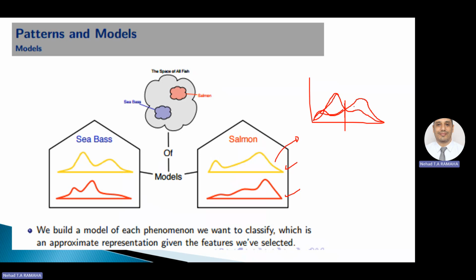And after this point, the high data will be for the salmon and the low data will be for the sea bass. We name this point what? The threshold point.